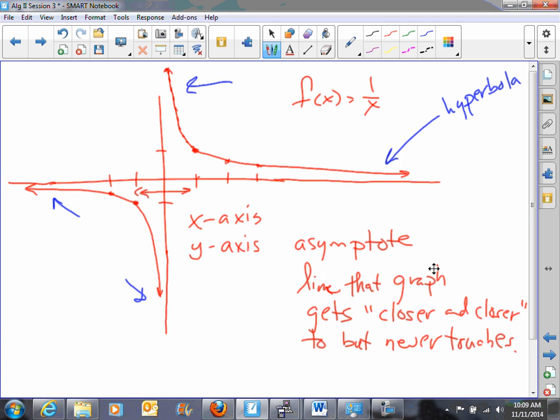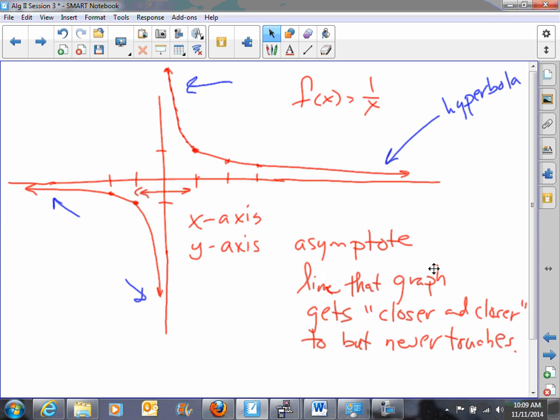So we have a new parent function here, and the parent function is the reciprocal function, or the hyperbola. Now, because it's a parent function, that means that we are going to expect you to be able to transform it, or to do transformations with it. So let's take a look at some of these.